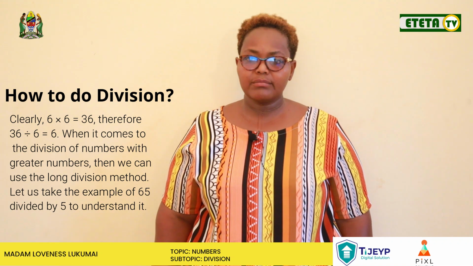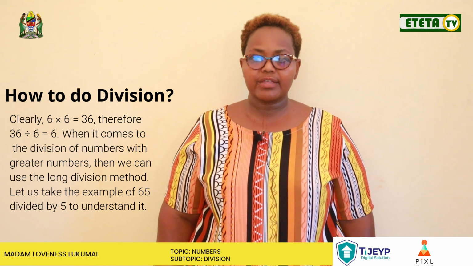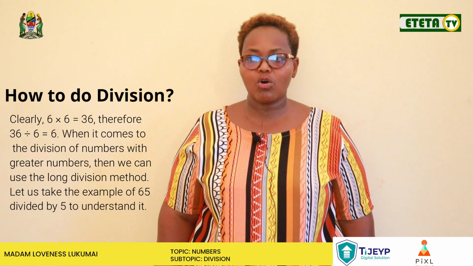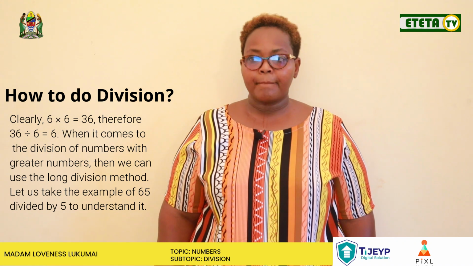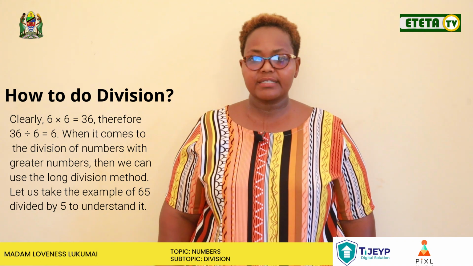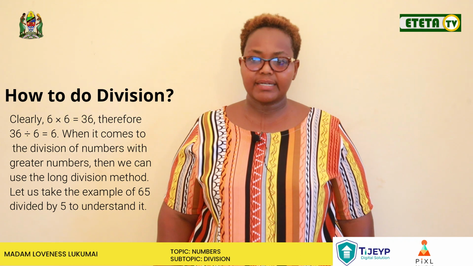Then it comes to the division of a number with a greater number. Then we can use the long division method. Let us take, for example, 65 divided by 5 to understand it. Follow the steps below to learn how to do division.